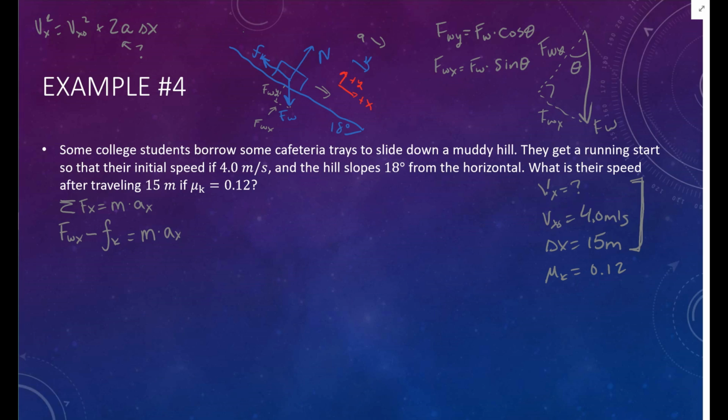So weight in the x direction, remember, is Fw sine theta. All right. Fw is also known as what? Force of weight, which we could replace with mass times gravity. Okay?